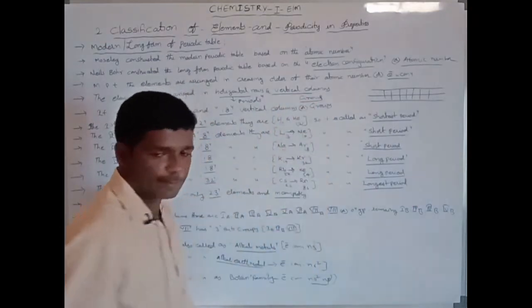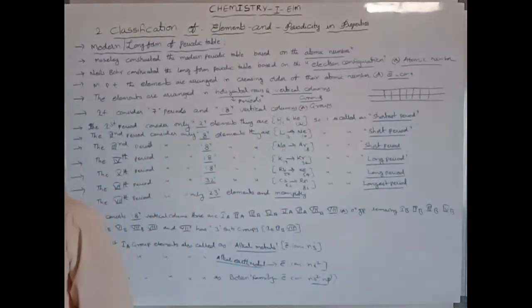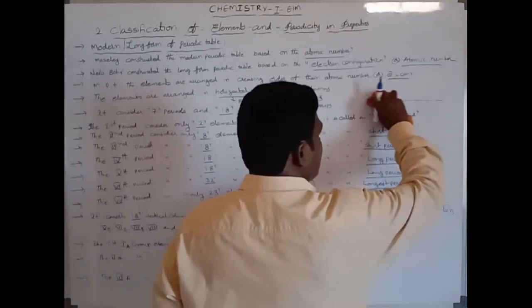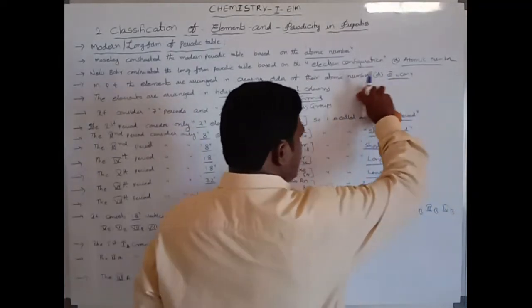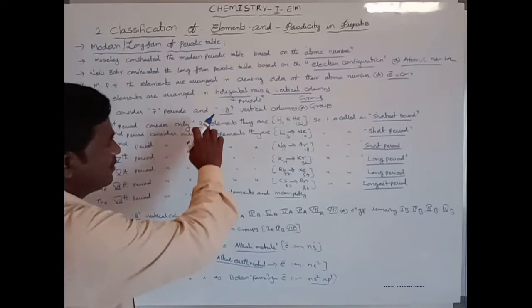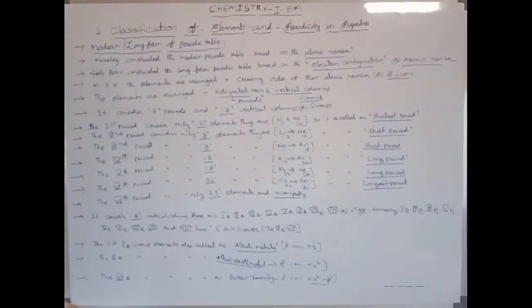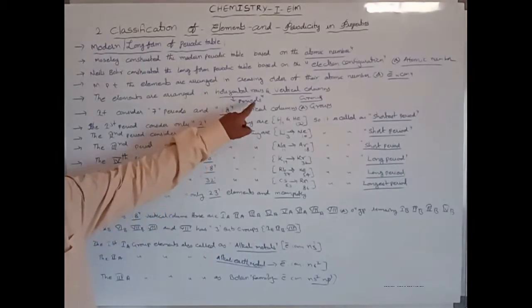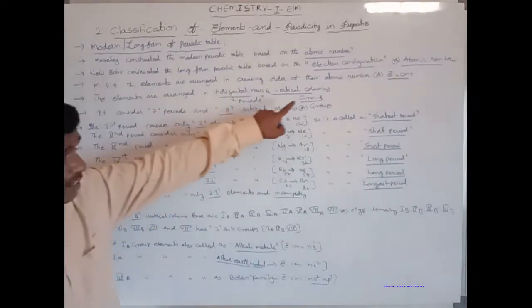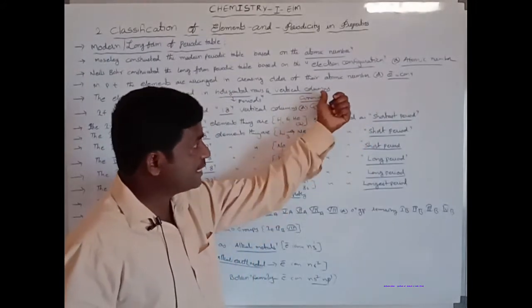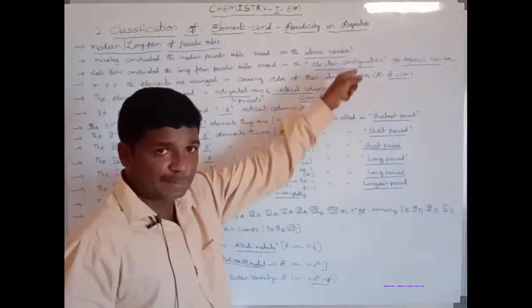In the modern or long form of the periodic table, the elements are arranged in increasing order of their atomic number or electron configuration, in horizontal rows and vertical columns. The horizontal rows are called periods, left to right. The vertical columns are called groups, top to bottom.